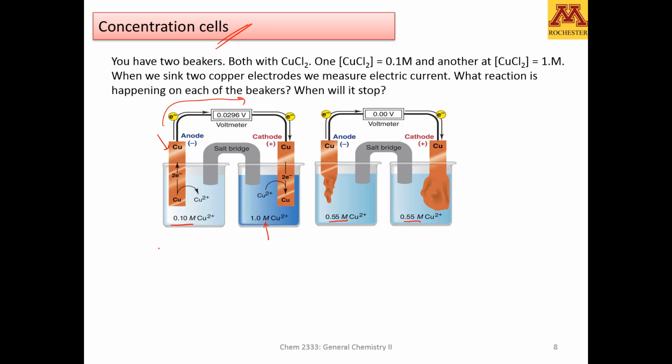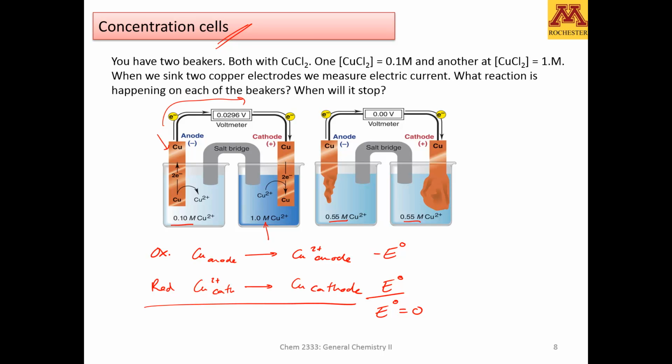In your anode, the oxidation is that copper in the anode becomes copper 2 plus. And the reduction: the copper 2 plus in the cathode becomes copper in the cathode. Whatever the standard half-reaction potentials, negative or positive, the overall standard potential is 0.